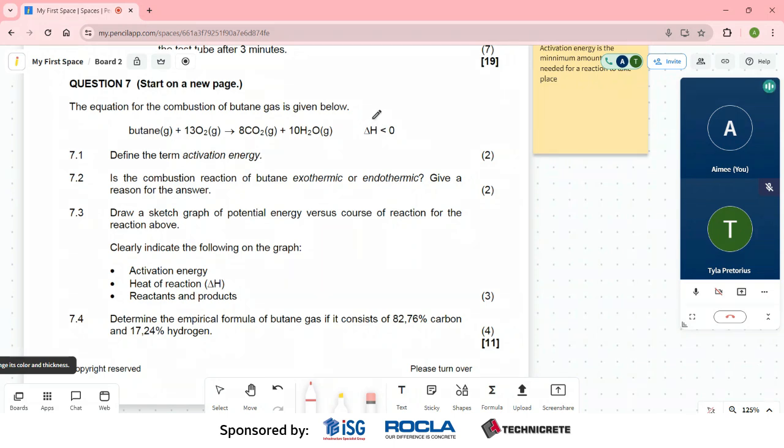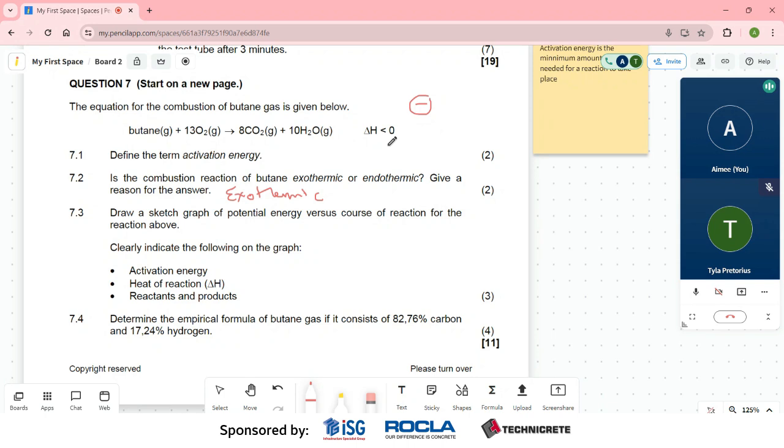So you can see here that change in enthalpy is smaller than zero, which means it's negative, which means that this reaction is exothermic.